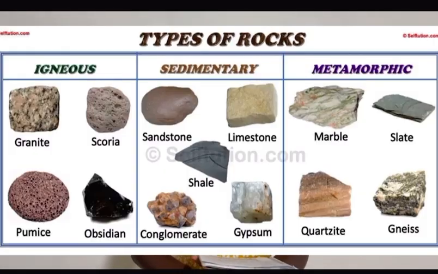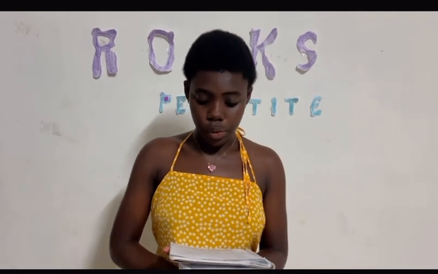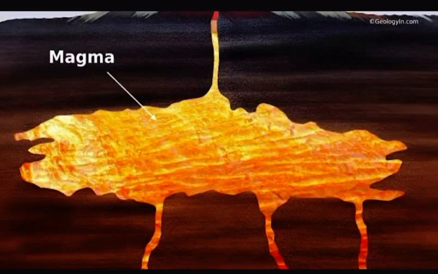Types of rocks. There are three main types of rocks: igneous rocks, sedimentary rocks, and metamorphic rocks. We are firstly going to deal with the igneous rocks. These types of rocks are created when molten rock called magma, underground or when it erupts from a volcano, cools down and solidifies.